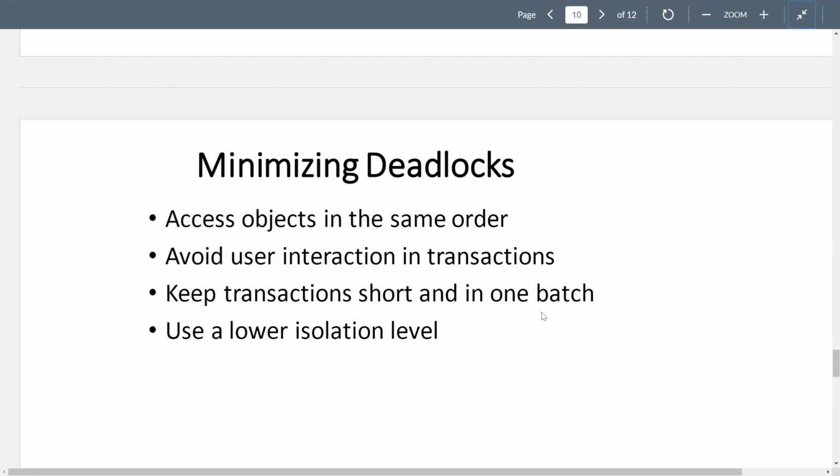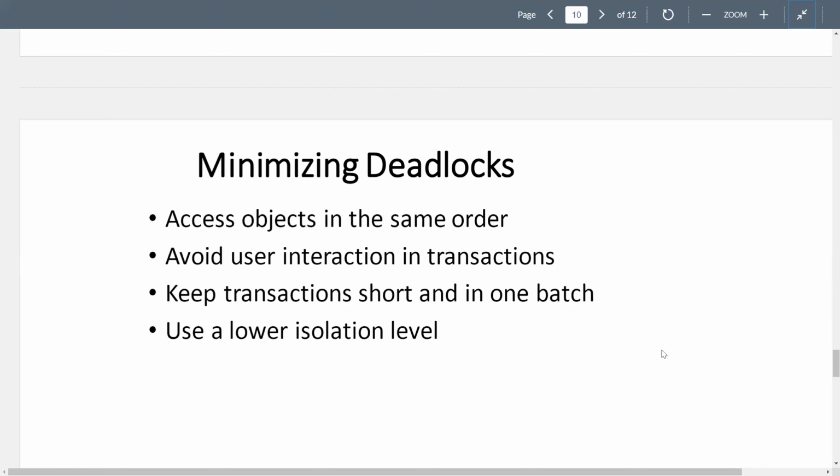And other best practices are just common sense. We want our transactions to be as quick, as brief as possible. So in a transaction, you will put the steps you absolutely must include in the transaction.